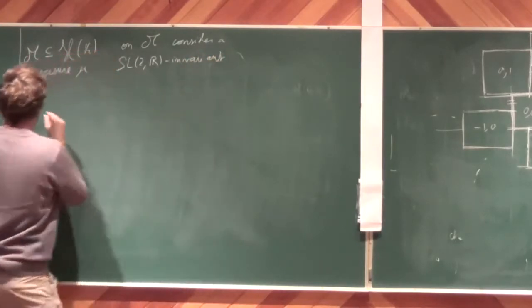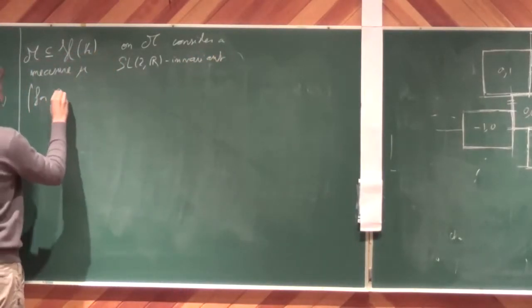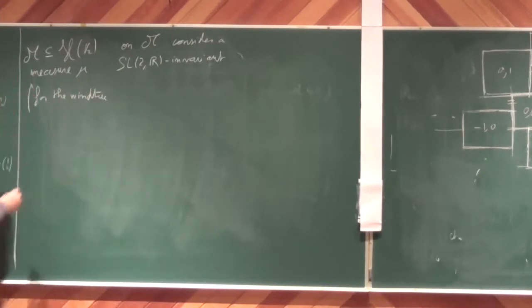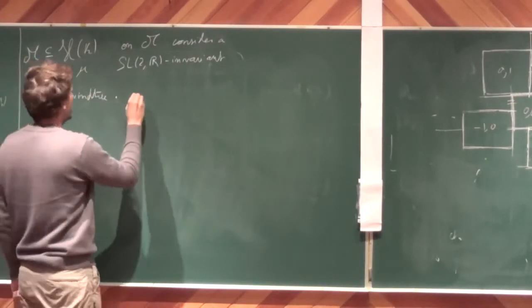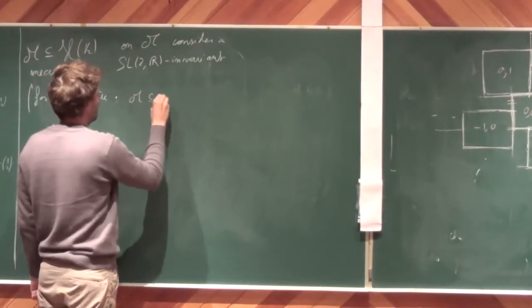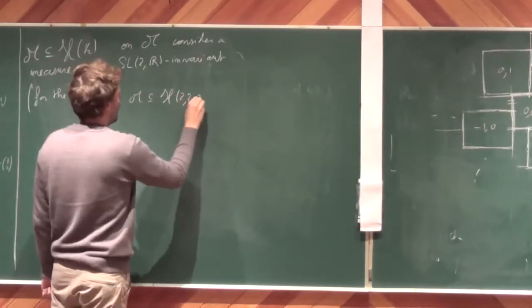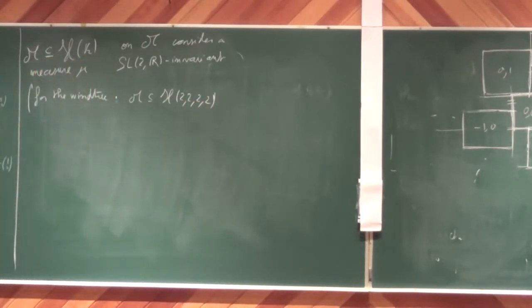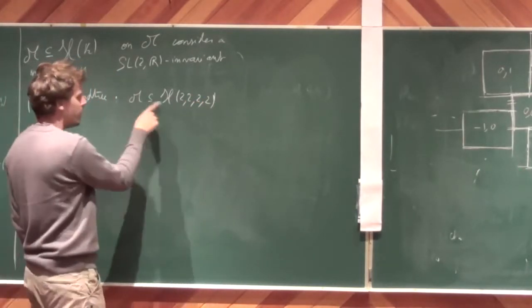So for the Wind-tree, this is very precise. It's not as abstract as in that sentence. You only look at something which is contained in H(2,2,2,2), which corresponds to this surface. And the measure is not the whole stratum.